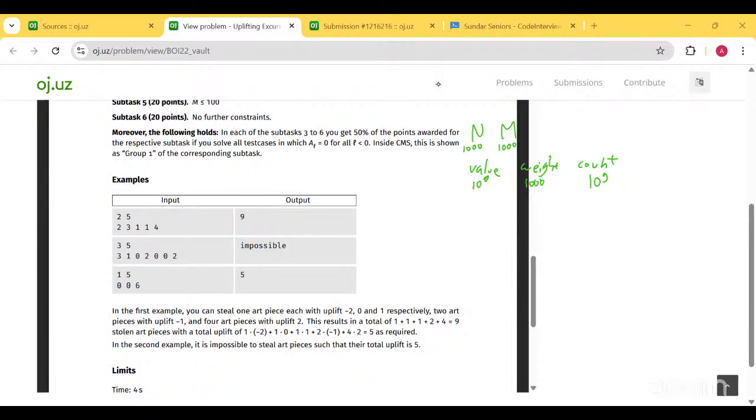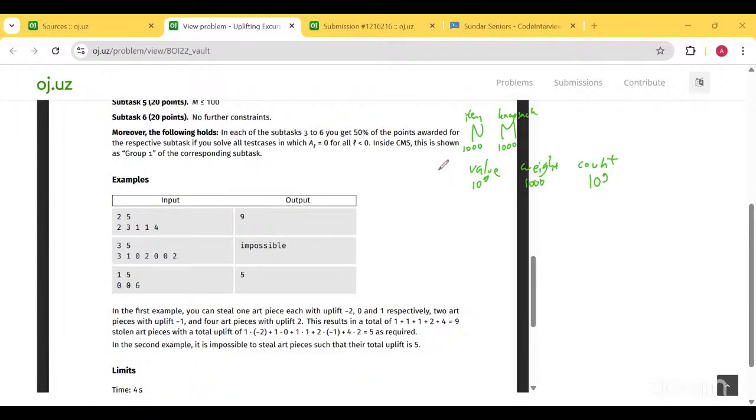Okay. So let's solve another simpler problem. Given a knapsack problem, we have n items and a knapsack with weight m.